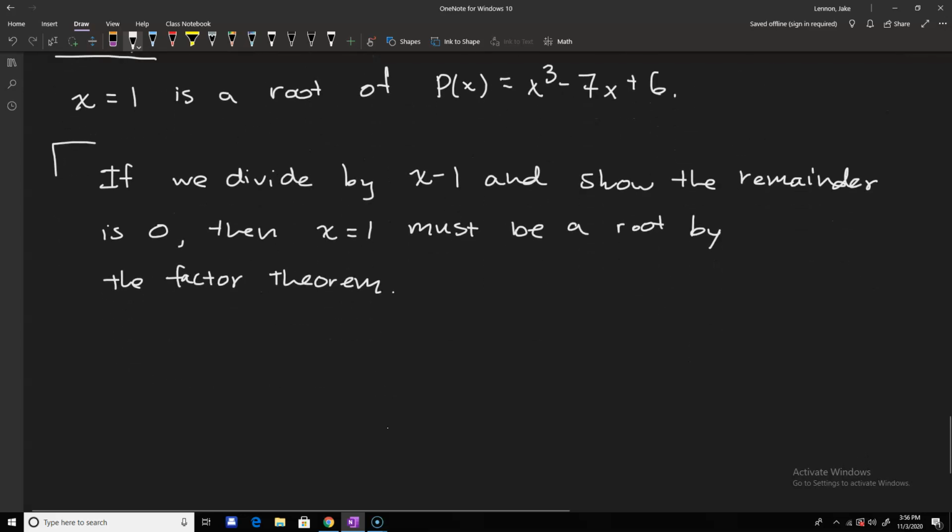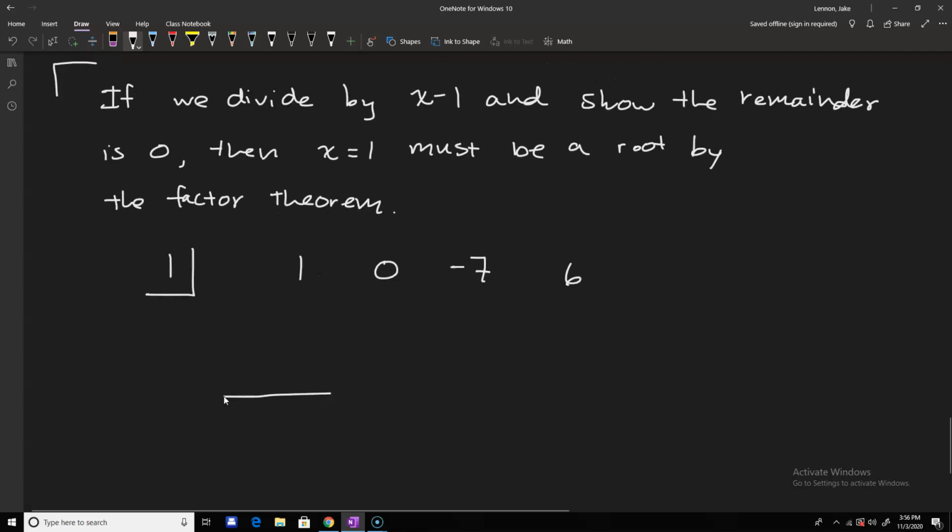So let's go ahead and do that. We can put a 1 in this top left corner, and then we have our 1 from the x cubed. There's no x squared term, so we put a 0, a minus 7 from the minus 7x, and then a 6. So we want to go ahead and perform this division. We bring the 1 down, multiply, we get 1. Add, we get 1. Multiply 1 with 1. And then we add, we get negative 6 here, and then we get a remainder of 0.